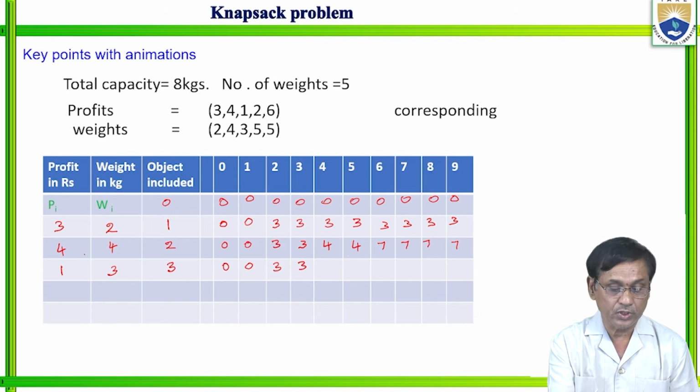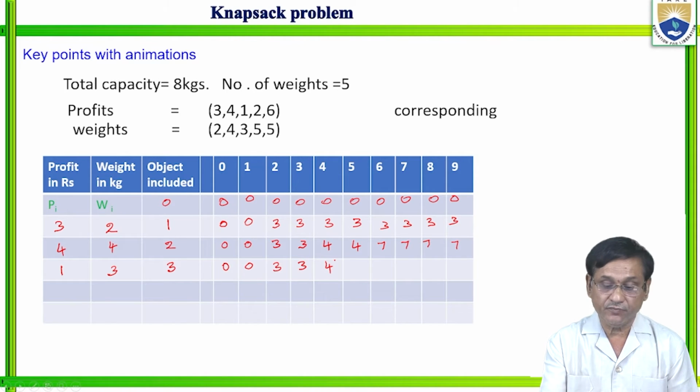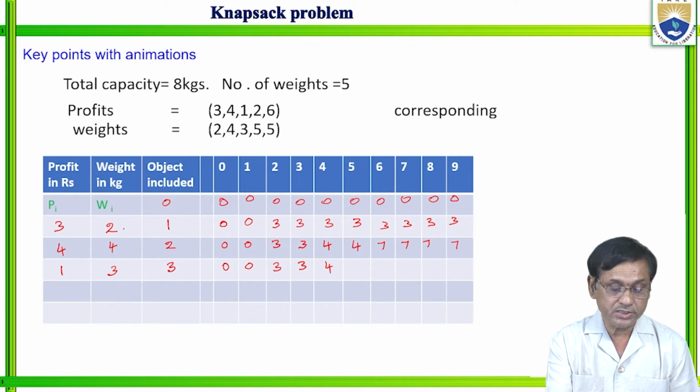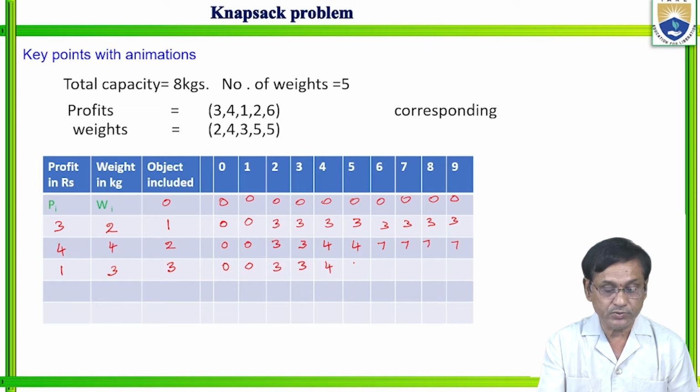When the weight is 4, the profit is 4. When the weight is 5, you can consider the first object and third object, that is 5, but the second object itself gives 4. Any one you can include, so it is only 4. Then the weight is 6.